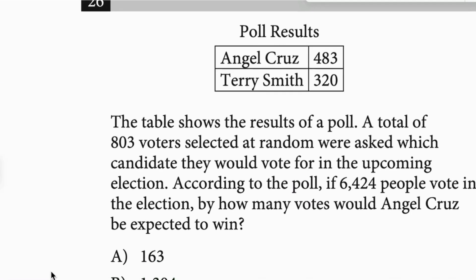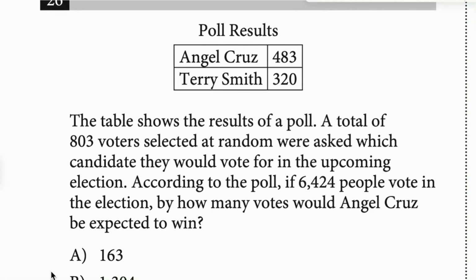Okay, let's move to the next question. Question number 26. Poll results: Angel Cruz 483 votes, Terry Smith 320 votes. The table shows the results of a poll. A total of 803 voters selected at random were asked which candidate they would vote for in the upcoming election.